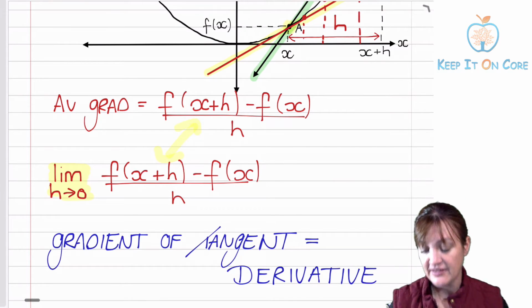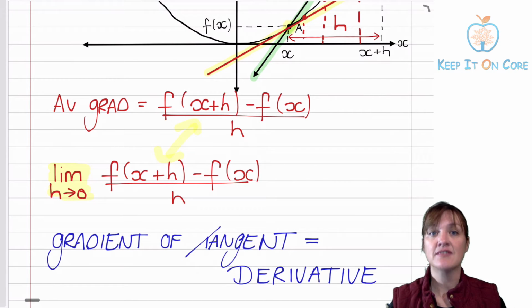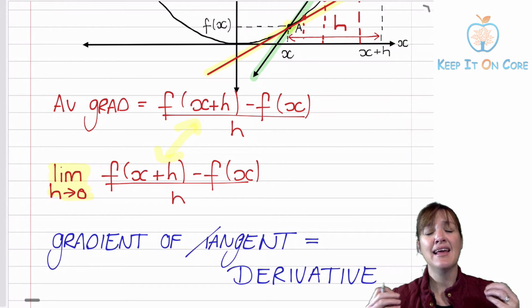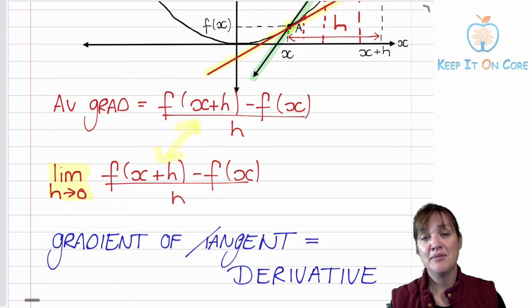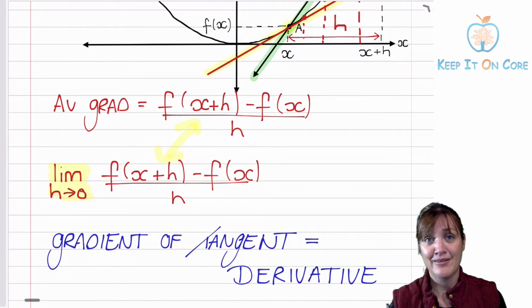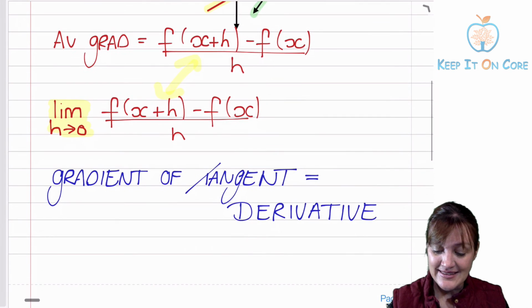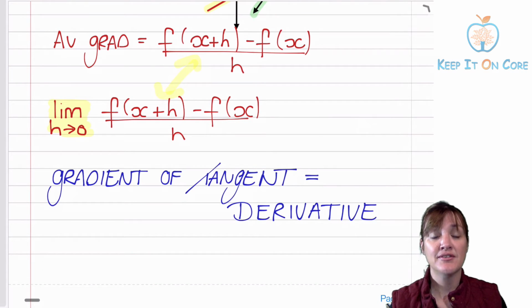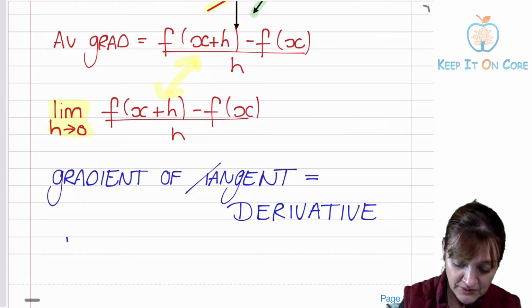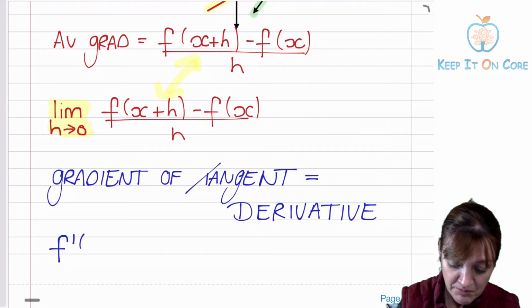Okay, so in calculus, you're going to hear this word derivative a lot, okay? And it's so important that you remember to keep going back to the original definition of what a derivative is. It's the gradient of your tangent. Another way I could phrase that is I could say it's the rate of change at one point, okay? And what we normally do is we give the derivative a special notation. We don't just call it f of x, we call it f prime x.